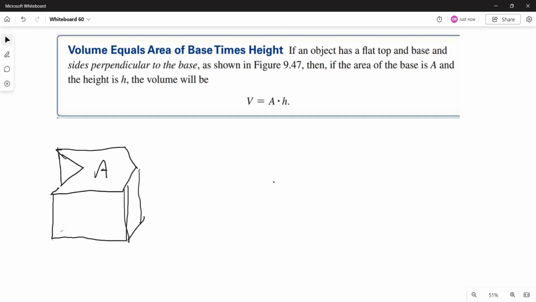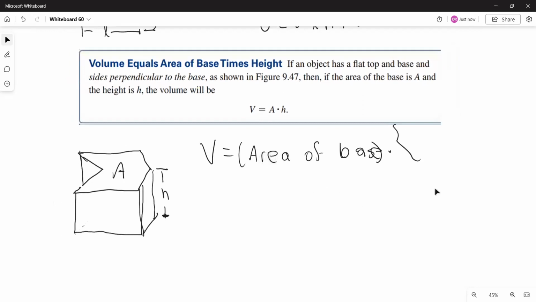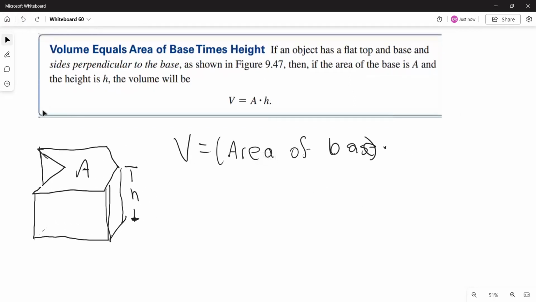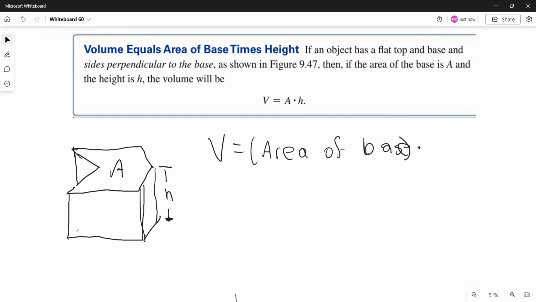Let's say that the area of the base is A, and the height is H. So the volume is the area of the base times height, or the formula that you see above, A times H.